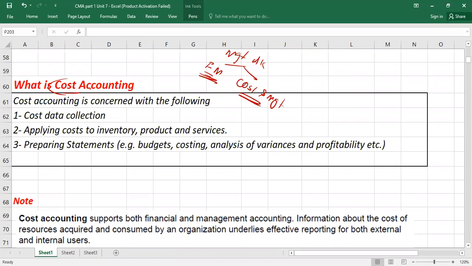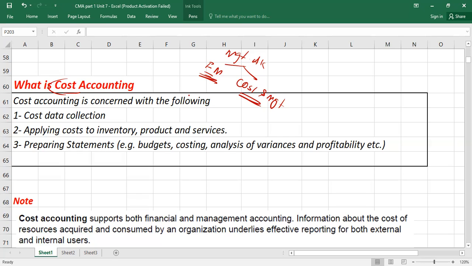You will also use some labor and some other expenses as well. At the end, the chair is considered as one product, and for this, we want to know the cost of the product. To get the cost of the product, obviously cost accounting is required. So how is cost accounting defined?